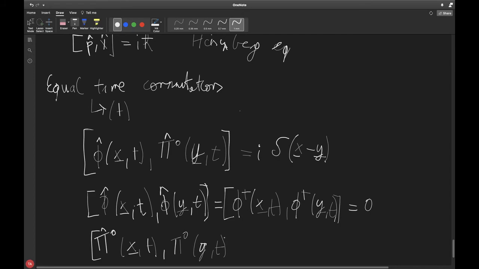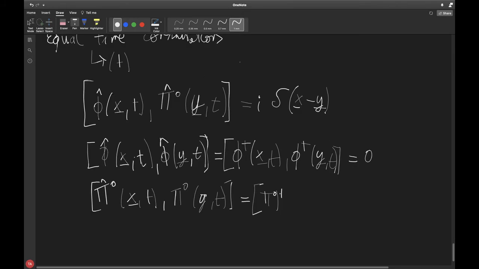So taking the pi 0 dagger operator at the point of x and t commuted with the same thing at y and t is 0 as well.